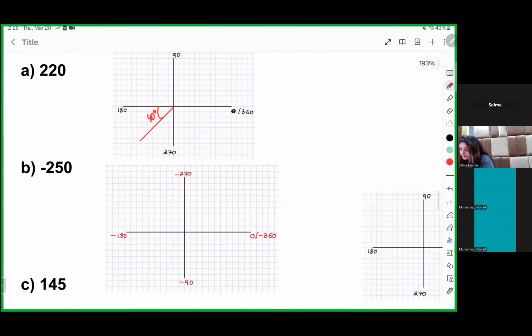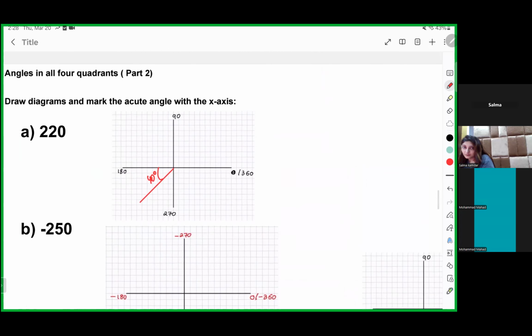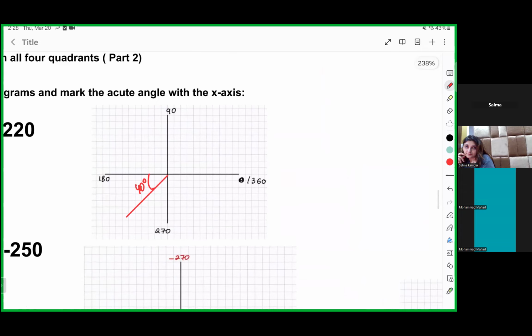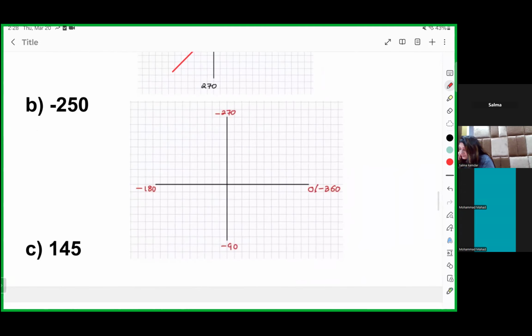What you've written, 40 degrees. Okay. We're trying to find the acute angle with the x-axis.